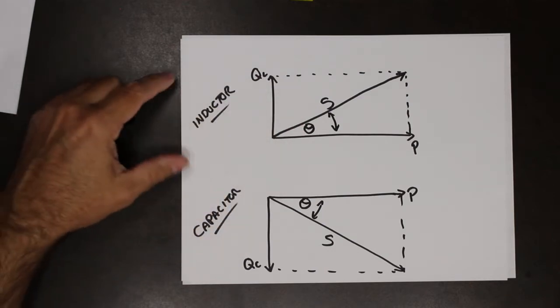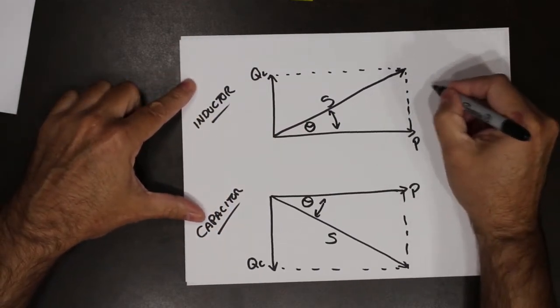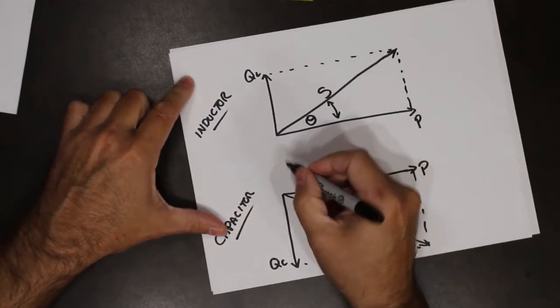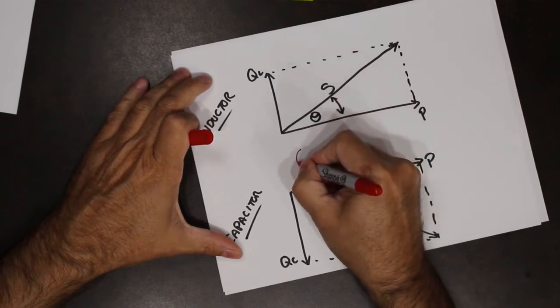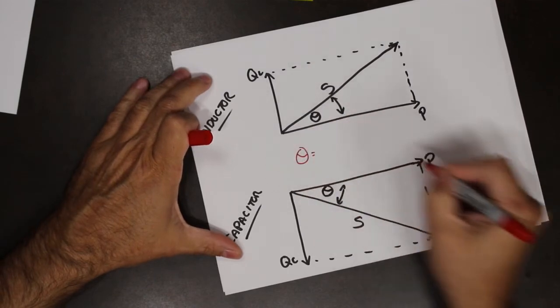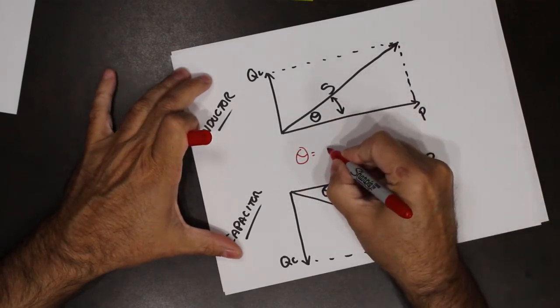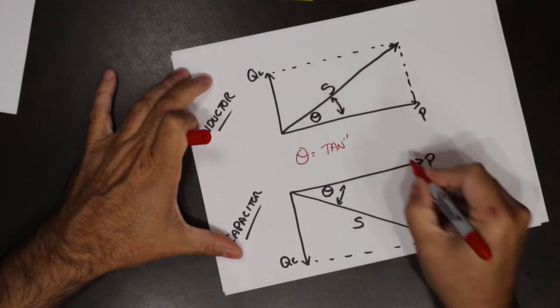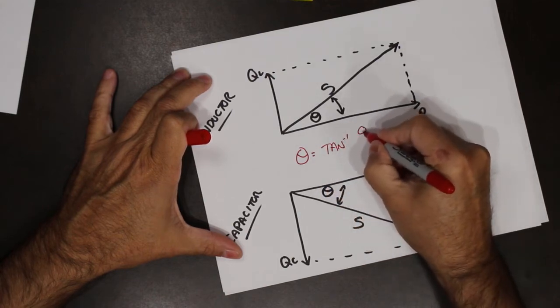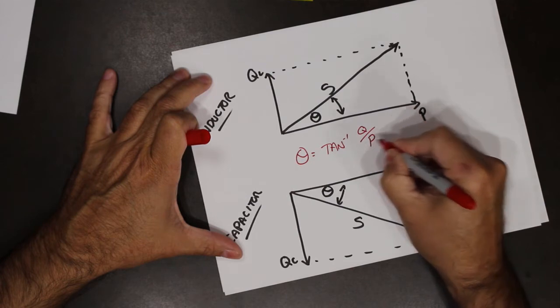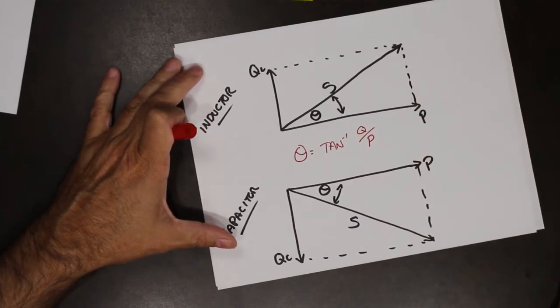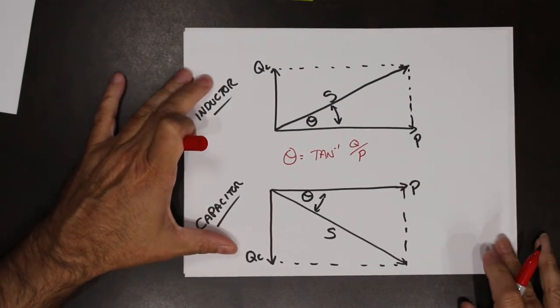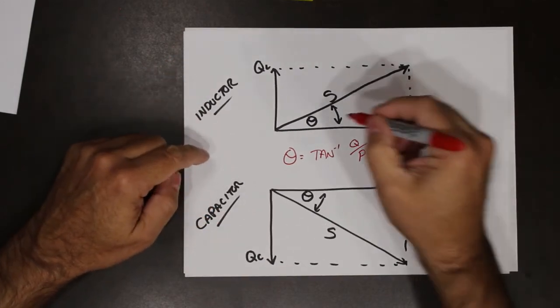How do we calculate the angle? So the angle in both cases is calculated. So the angle is tan minus 1 of Q over P. So that's how we would calculate the angle.